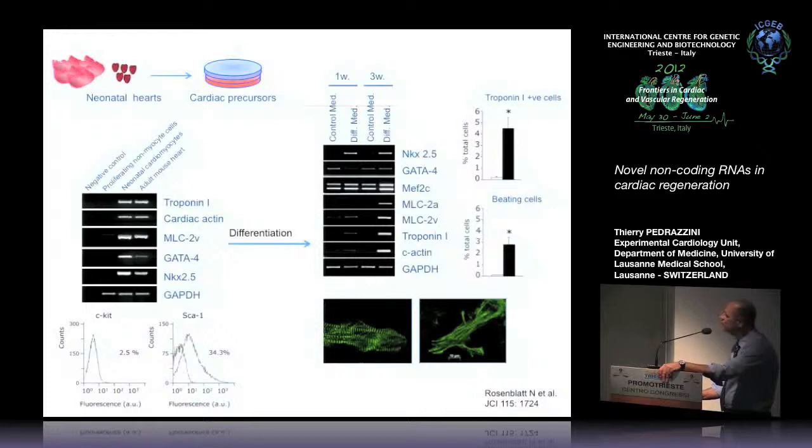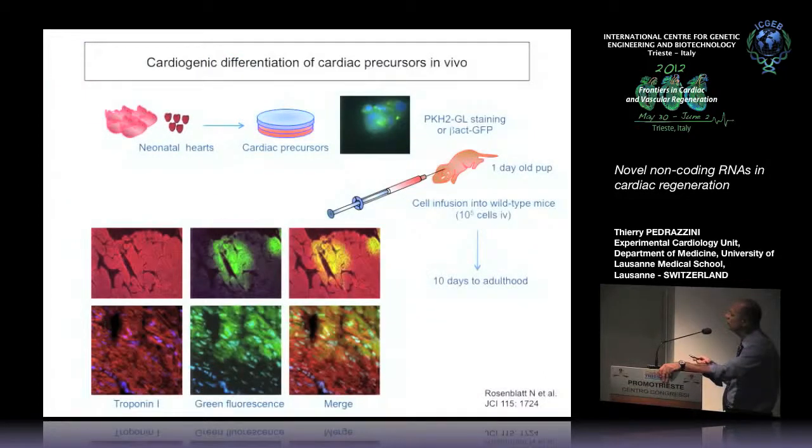Now, these cardiac precursor cells can even be transferred in vivo, and we have used this model that we have established. It's a neonatal animal. We inject precursors into the temporal vein, and the cells then contribute to the normal growth of the heart after birth.